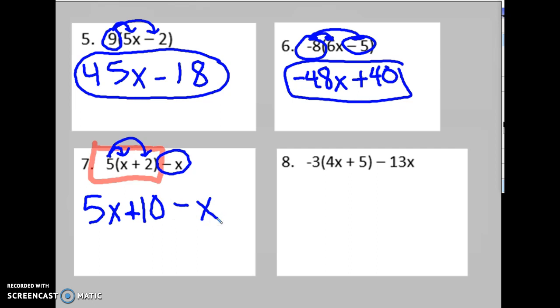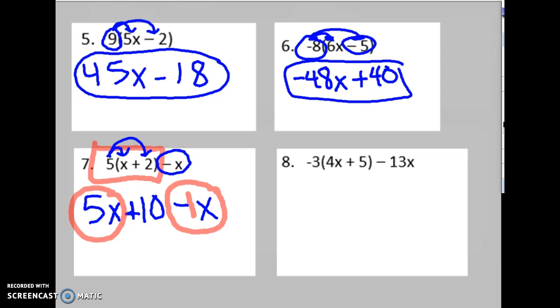Now we go back to what we learned yesterday where we are combining like terms. So in this case, I'm going to circle 5x. And anything else that has an x with it, I'm going to circle. There's no number in front of that negative x, so it is assumed that it's negative 1x. So now we have like terms that have to be combined.